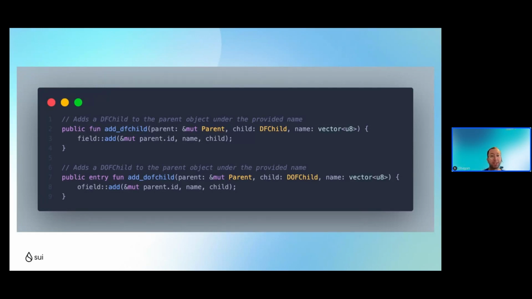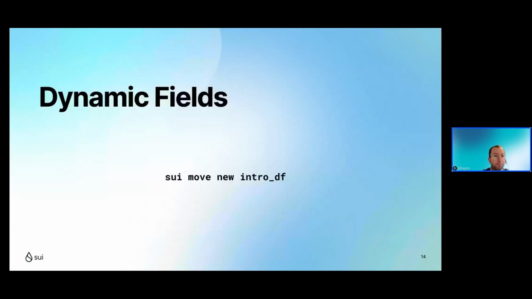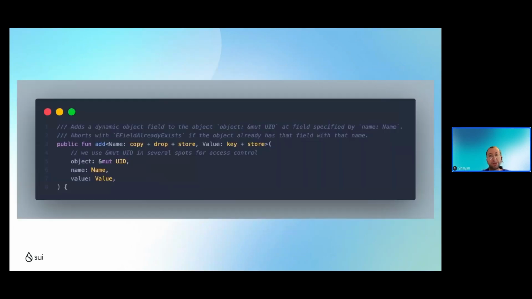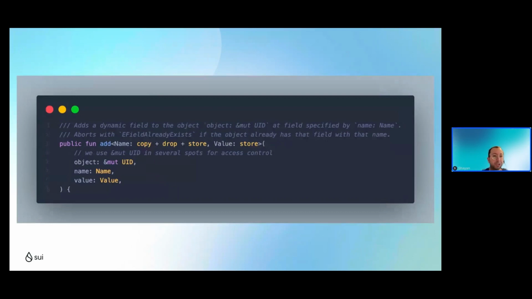I said this earlier, but this is because the field::add and the O field::add functions are only public functions. So we need to have another function wrapping around them. And if we go back to them, yeah, we said that we'll talk about this soon. So we essentially need to create our own functions because these are just public functions.